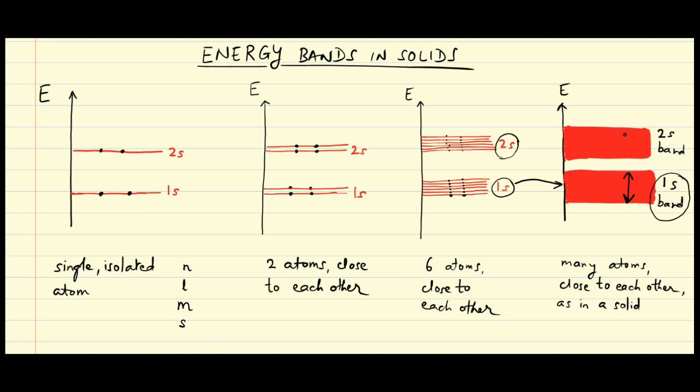And likewise the 2s energy levels split up into so many energy levels and they are so close to each other that it becomes the 2s energy band. And the difference between energy levels like this and an energy band like this is that an energy band is a continuous band of energy, whereas energy levels are discrete in nature.